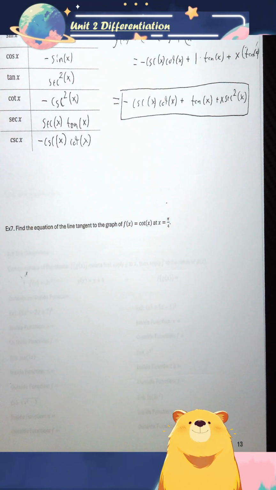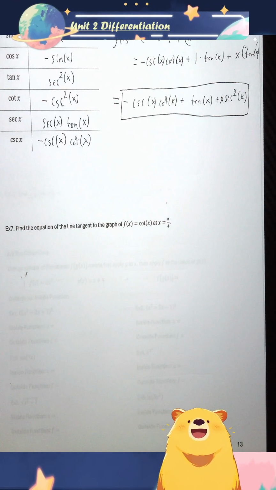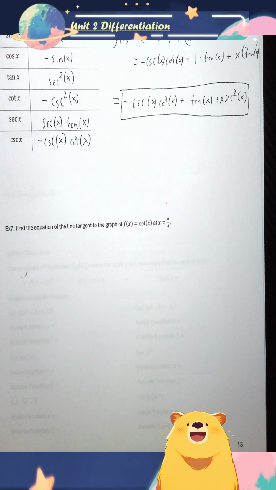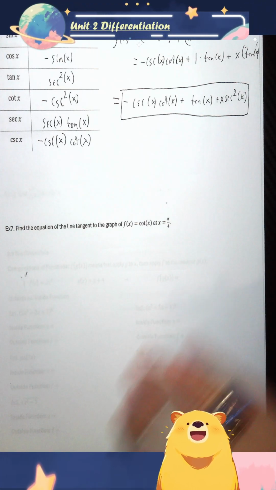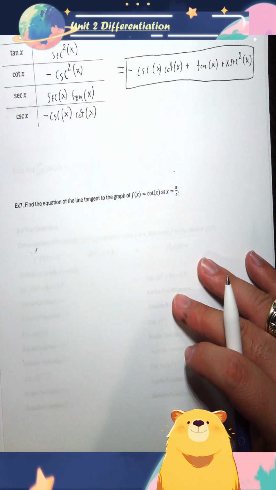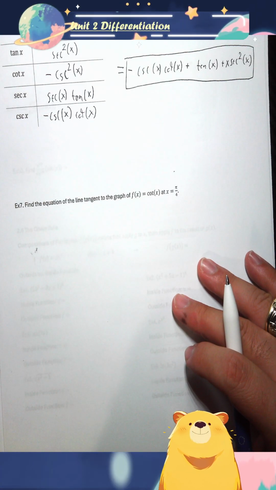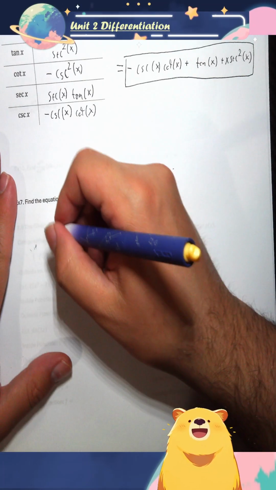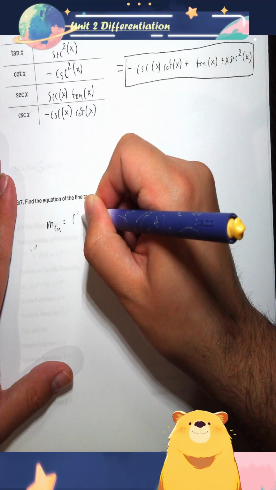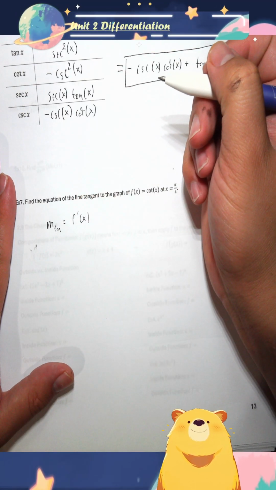Example 7. Find the equation of the line tangent to the graph of f of x equals cotangent of x at x equal to pi over 4. Well, recall that this line tangent idea, m tangent, is just the derivative of that function.